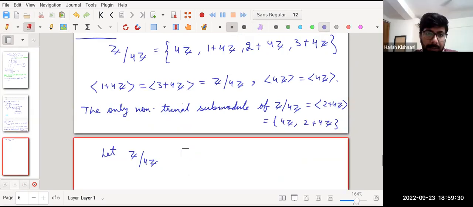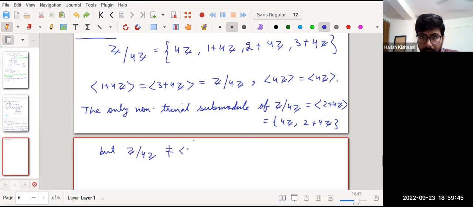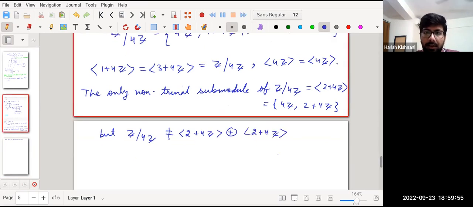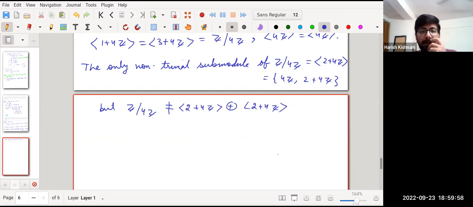So this itself implies that Z mod 4Z is not equal to the module generated by 2 plus 4Z direct sum with 2 plus 4Z. So the statement is false.